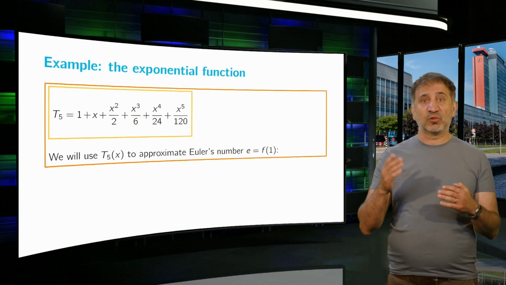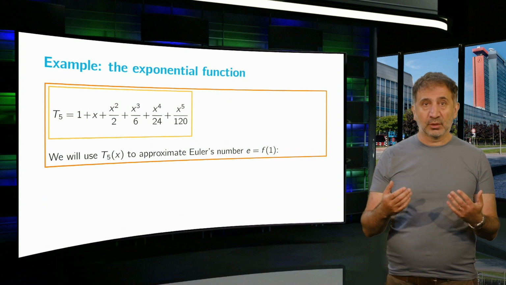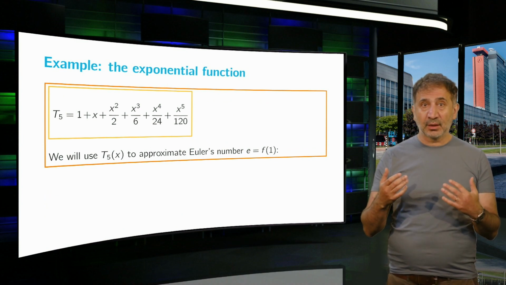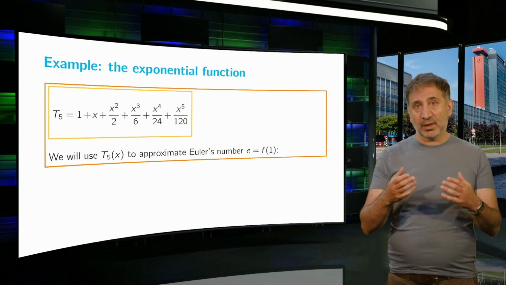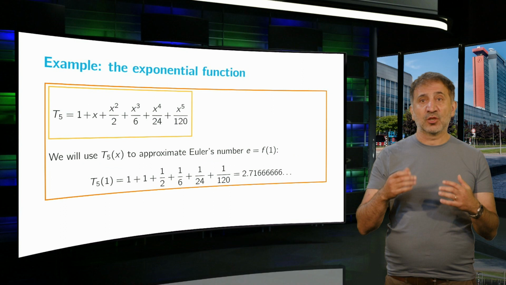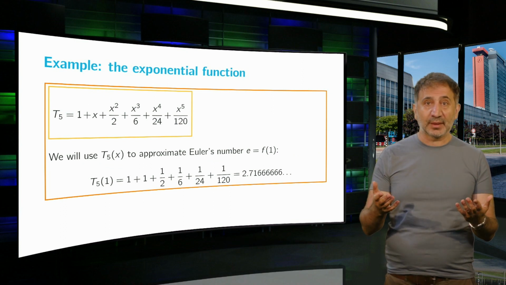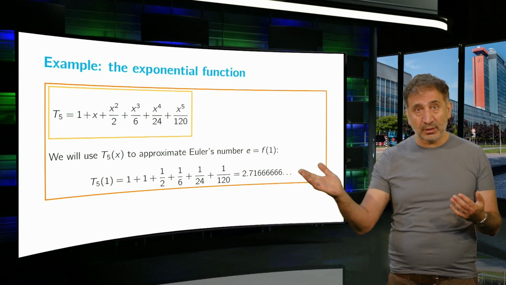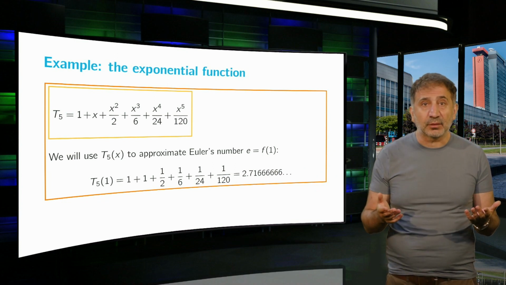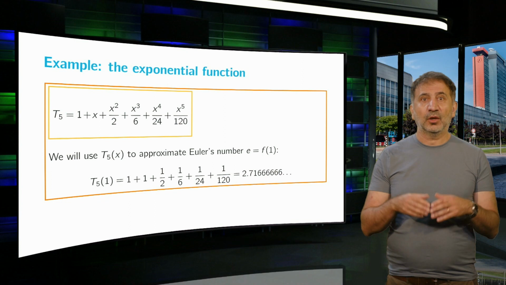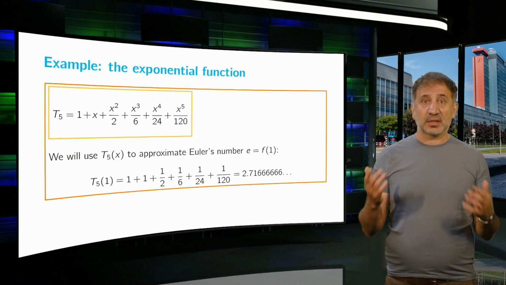Since e is f of 1, it is natural to approximate the Euler number e by T_5 of 1. If we plug in x is 1 in T_5, then we obtain the value you see on the screen. What is then an upper bound for the approximation error? Up to how many decimals is the approximation correct?